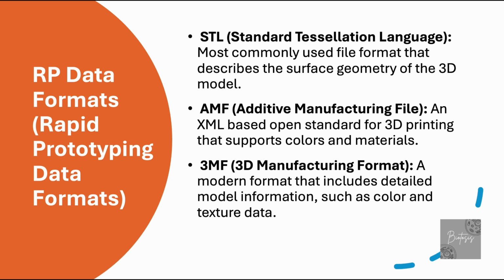STL is standard tessellation language, a widely used file format that describes the surface geometry of 3D models. AMF is additive manufacturing file, an XML based open standard for 3D printing, and 3MF is 3D manufacturing format, a modern format that includes detailed model information such as color, texture, etc., right?